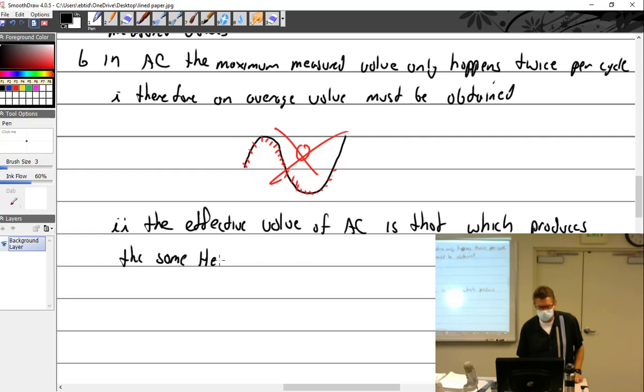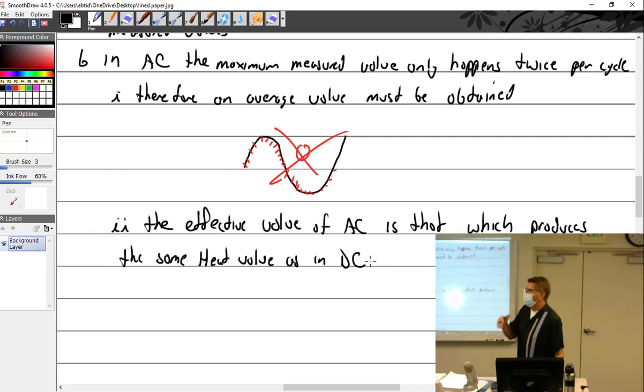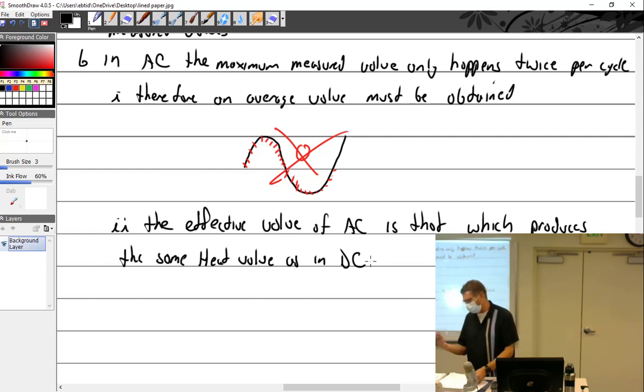So in other words, they basically took a Simpson meter and hooked it across a battery and figured out how hot those leads would get. And they did the same thing by plugging it into the wall and said, well, this equals that. They're just as hot. So you just take a resistor or something and you figure it out. So they came up with this and said, well, wait a minute. If it takes this many volts for DC to do this and this many volts for AC to do that, that becomes our effective value.